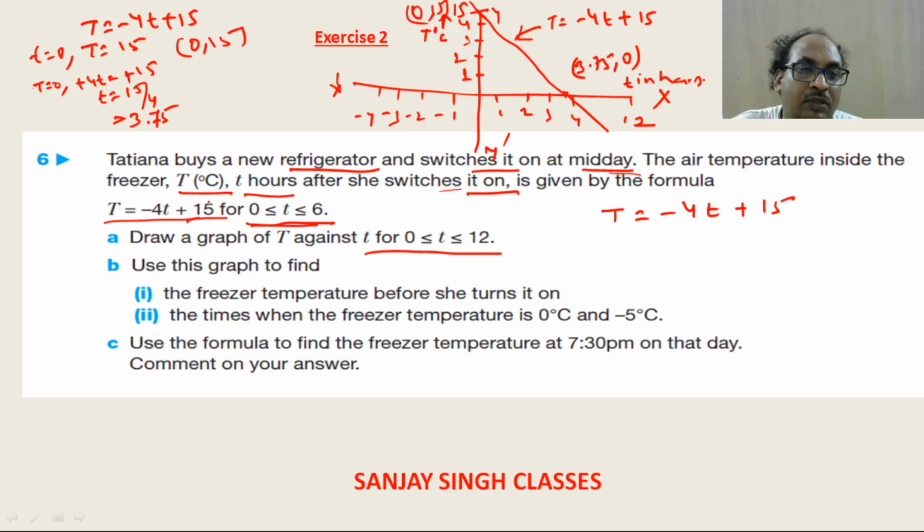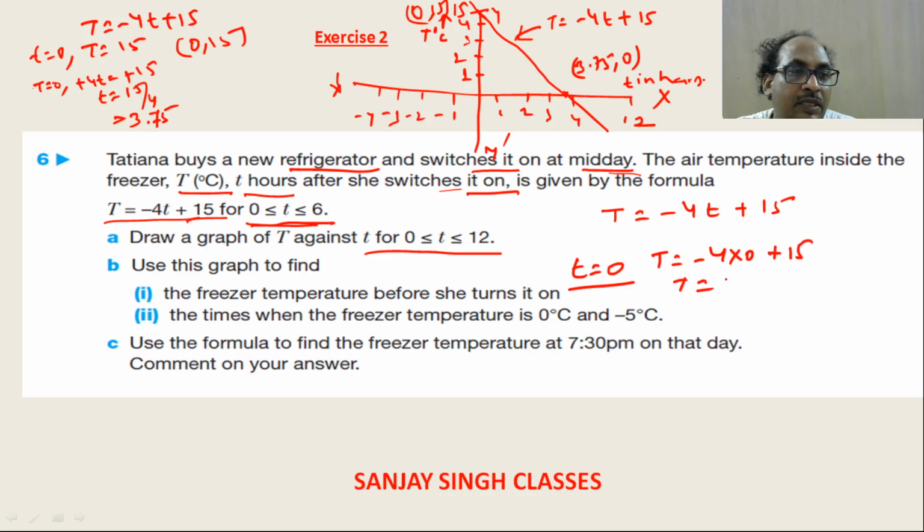So the freezer temperature when C turns it on means t will be equal to 0. Once t is equal to 0, what will be the temperature? T is equal to minus 4 into 0 plus 15. So T will be 15 degrees centigrade.